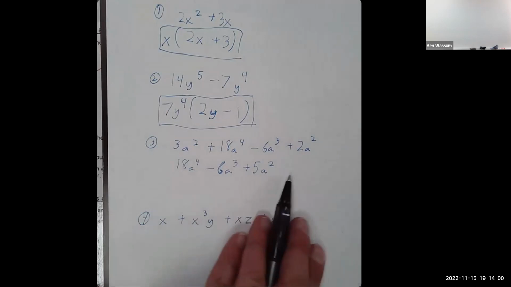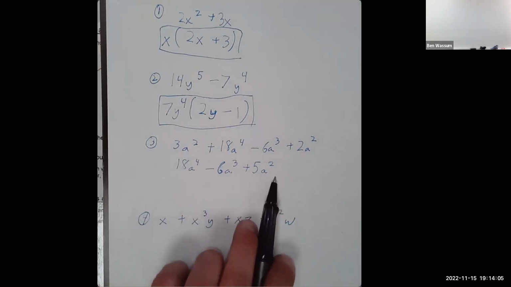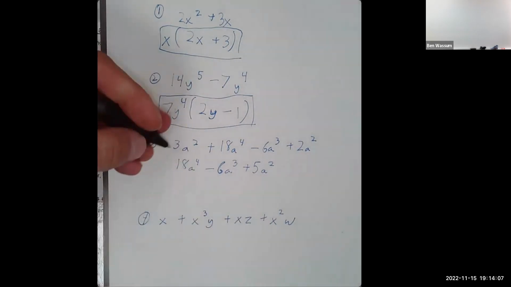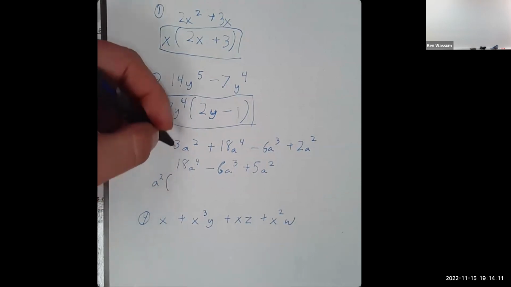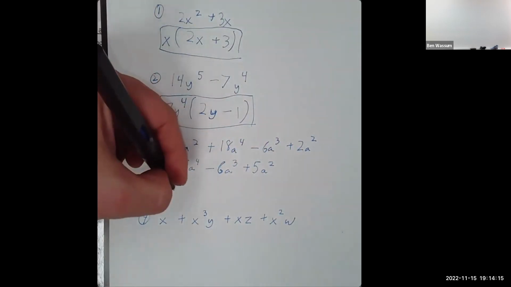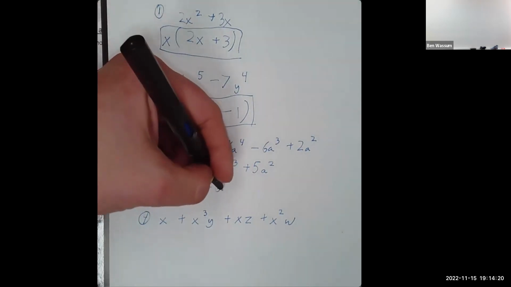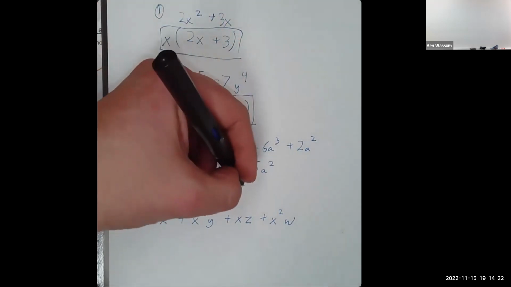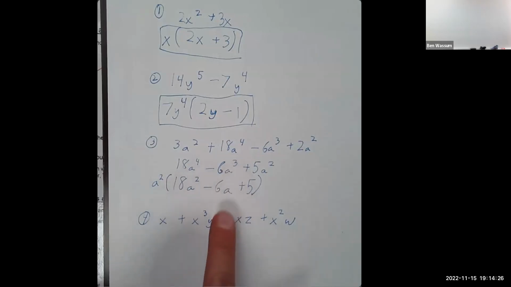There's no common factor between the coefficients, but the variables, well, they each at least have that a squared. So we could pull out that a squared. And then you would have, well, 2 less a's on everything, right? 18a squared minus 6a plus 5. We're just taking 2 a's away from each of these.